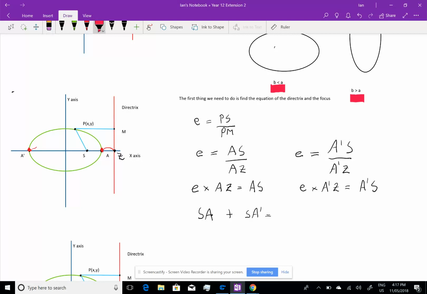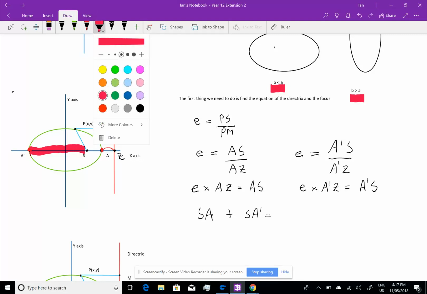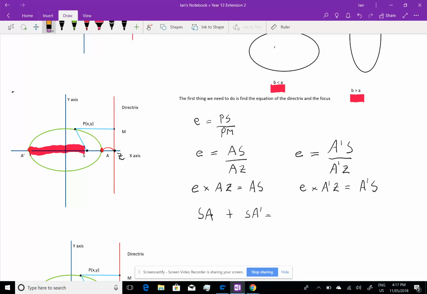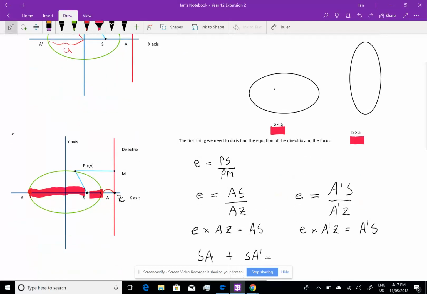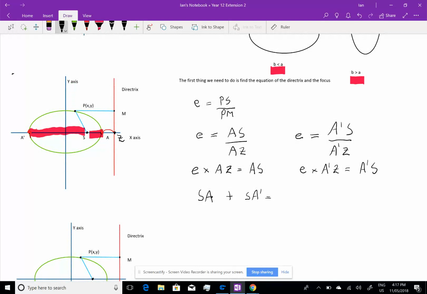SA is that distance, and SA dash plus SA is all the way across. And we know that halfway across is A, so all the way across will be 2A. So SA plus SA dash is 2A.